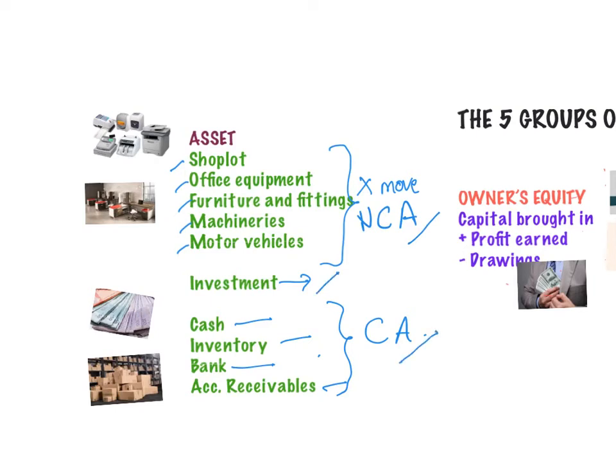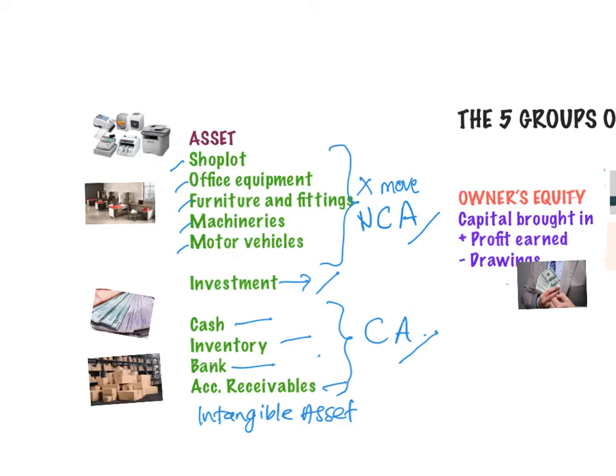We have another asset which we call intangible asset, and these are assets that you cannot see, you cannot touch, for example, goodwill, trademark or patent. Okay, so these are your assets.